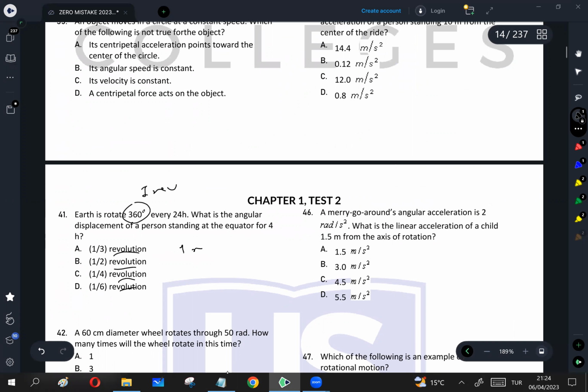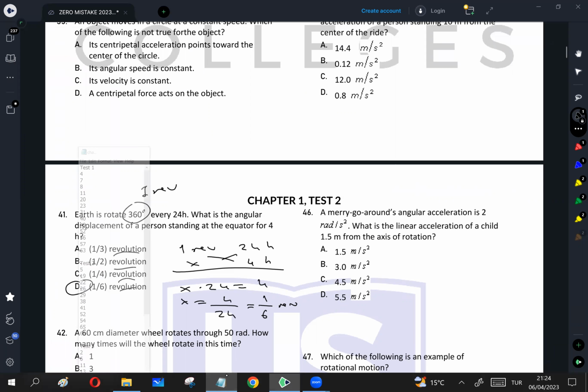So one revolution of a man on the equator takes 24 hours. So in 4 hours, how many revolutions? Cross multiply: x times 24 is equal to 1 times 4. So x is 4 over 24, dividing by 4, 1 over 6 revolution.